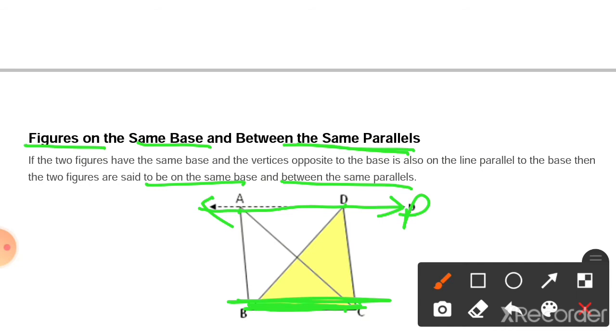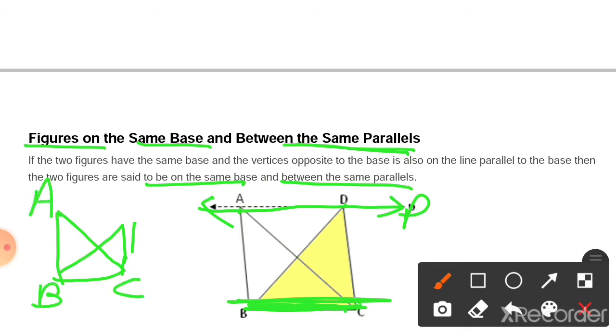Suppose I draw a figure like this: ABC and PBC. See here students, vertices A and P are not on the same line but the base is common.